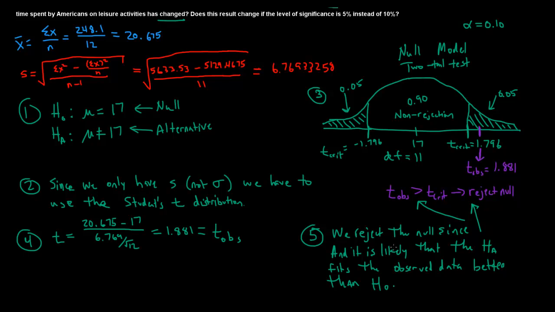So we reject the null hypothesis. It appears that the alternative hypothesis, that there has been a change in leisure time, is more accurate.